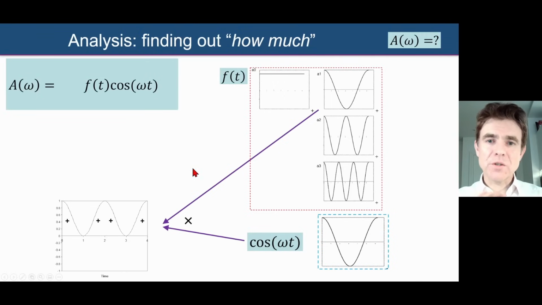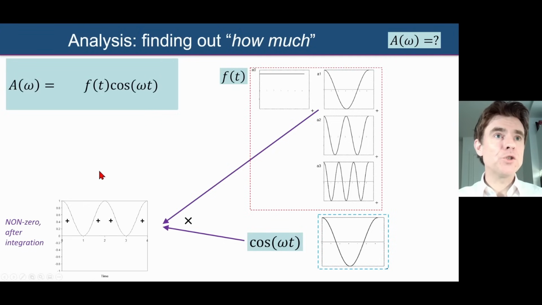And this is the key to Fourier analysis, because when this function gets multiplied by itself, if indeed that frequency is present in f of t, when it meets itself in this collection of frequencies, we get this strictly positive cosine squared function, which when we integrate, when we take the area under the curve, will give a non-zero result. And in fact, it will give a result that's not just non-zero, it will give a result that is proportional to the amount of that frequency present in f of t.